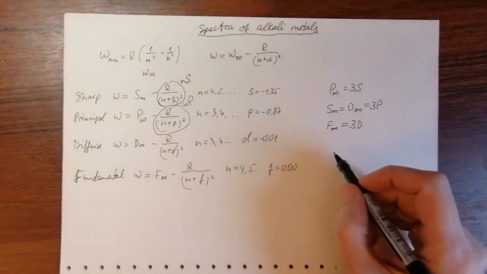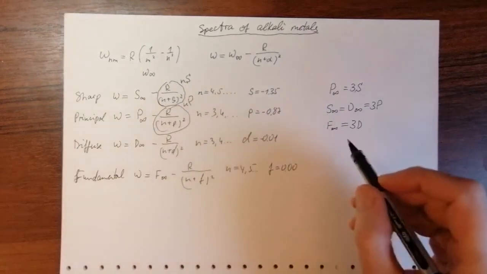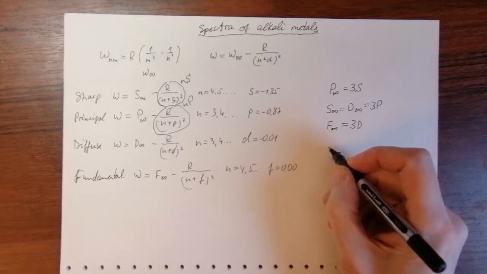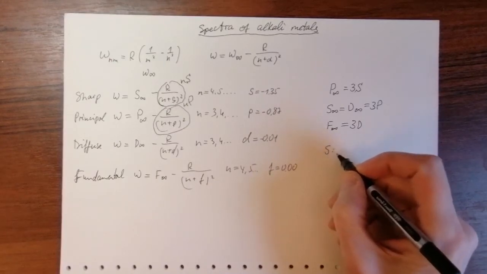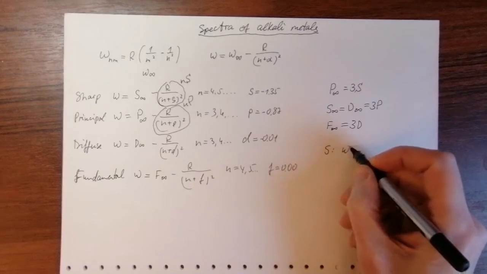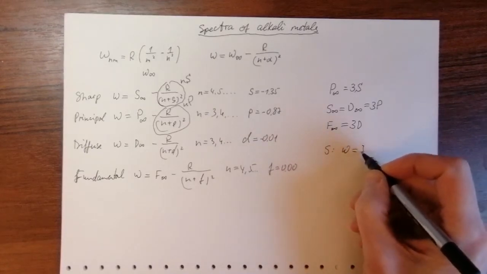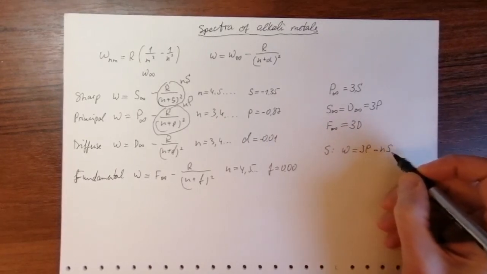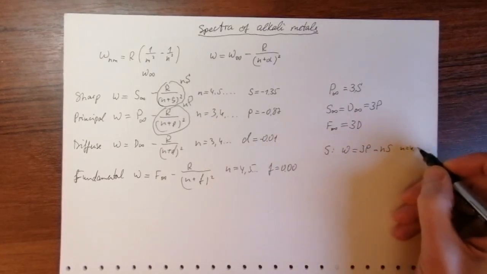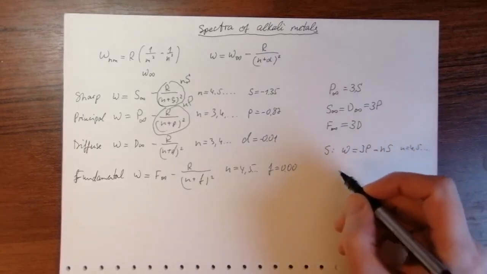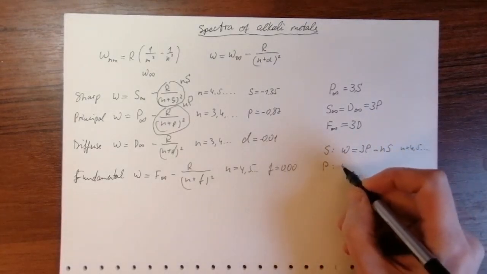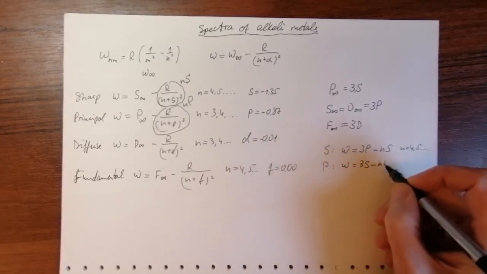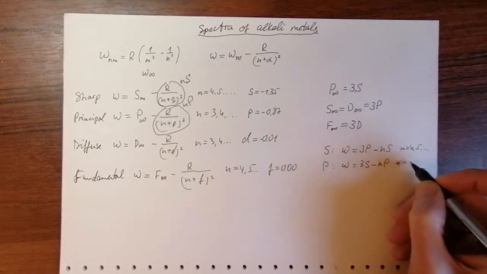Now we can rewrite these formulas in the following way. For s we have omega equal to 3p minus ns, where n goes from 4. For p we have omega equal to 3s minus np, where n starts from 3.